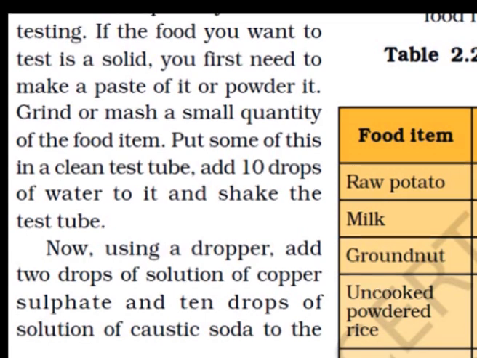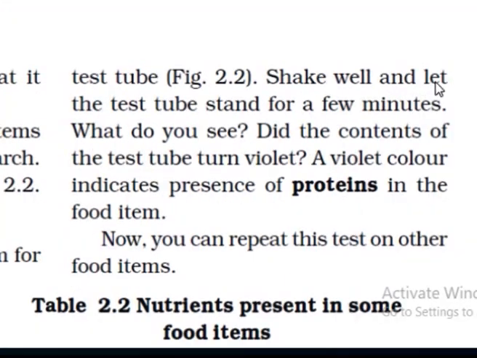What is the observation? Shake well and let the test tube stand for a few minutes. What do you see? Did the contents of the test tube turn violet? A violet color indicates the presence of proteins in the food item. Now you can repeat this test for other food items.